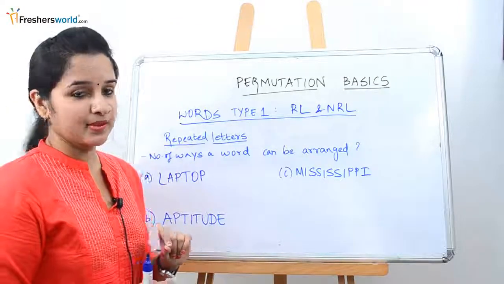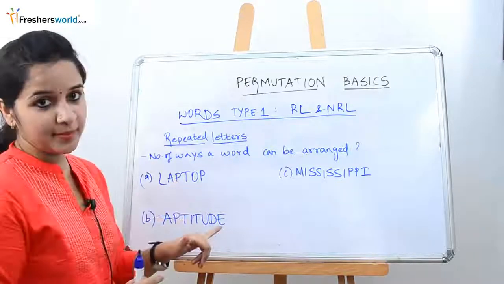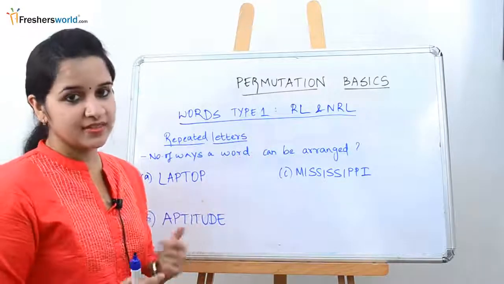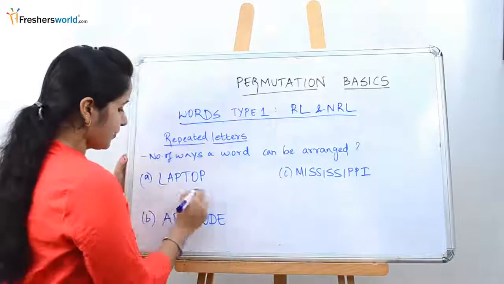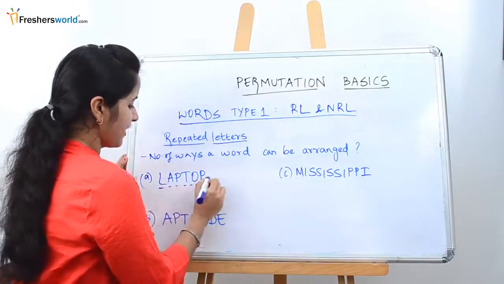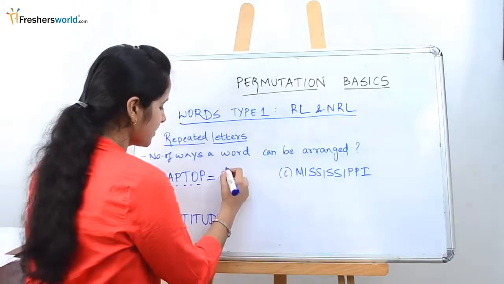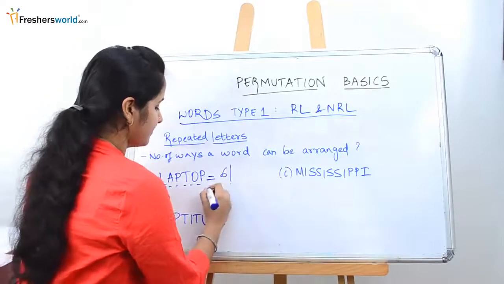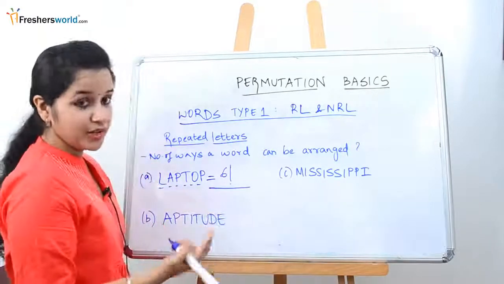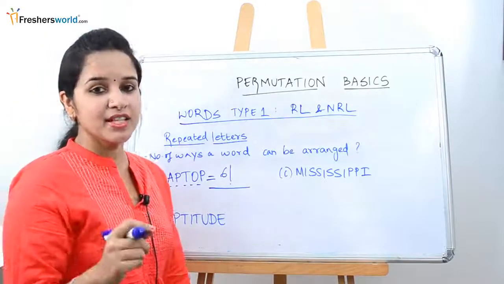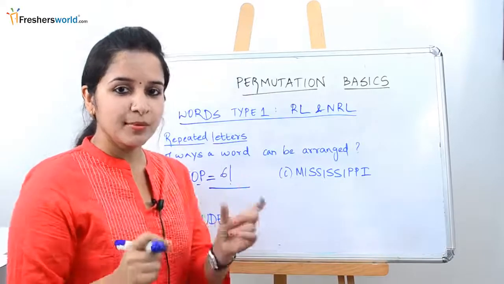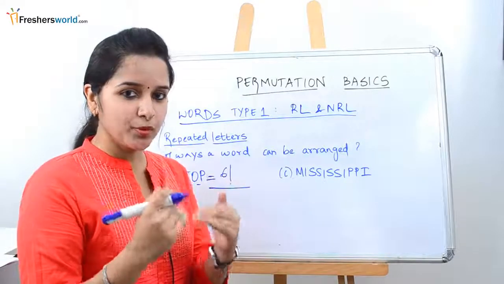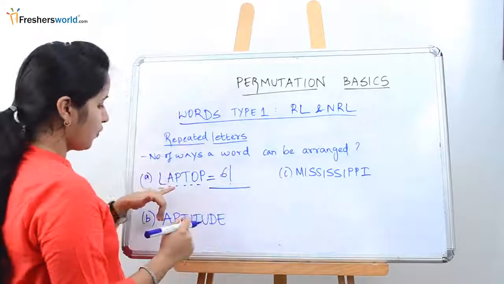Let's take an example. The word they have given is laptop. They are asking us how many ways the word can be arranged. So, what is the number of letters? We have 6. So, what do we do? 6 factorial divided by. Why are we dividing? As we have seen in the numbers video, the number of repeated letters has to be put in the denominator. So, what is repeated here?